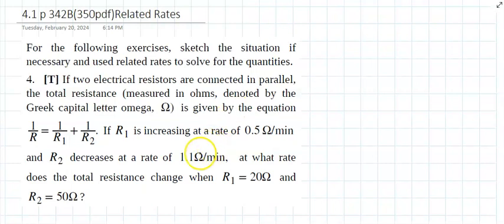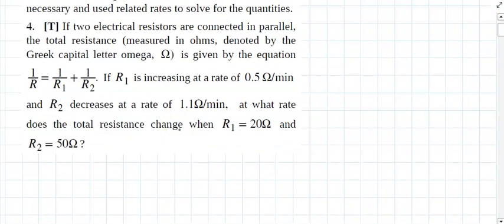So in this problem, they say if two electrical resistors are connected in parallel, you're not responsible to know what that means. When you take physics, you're going to pick all of this up. The total resistance, that's R. This is resistor 1 and this is resistor 2.